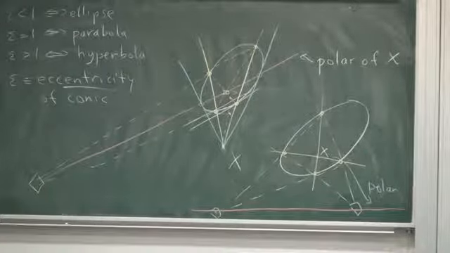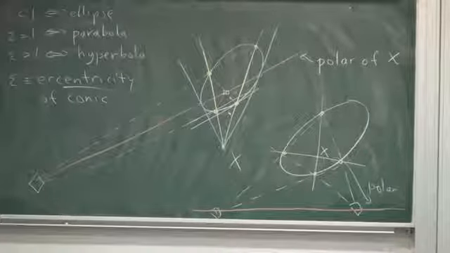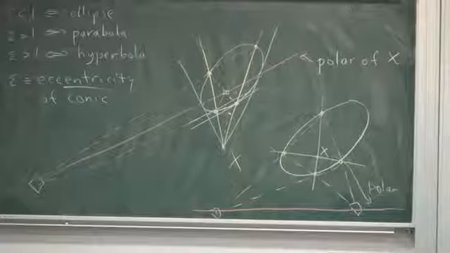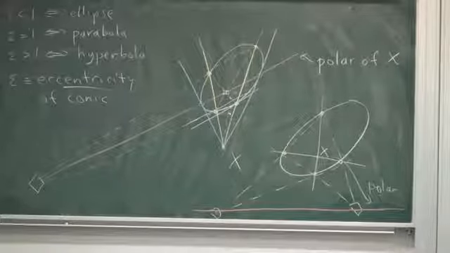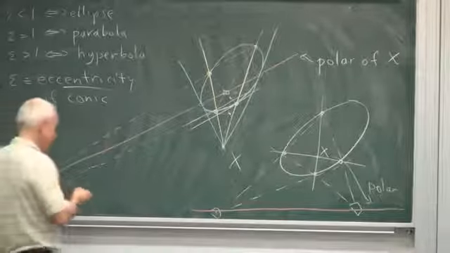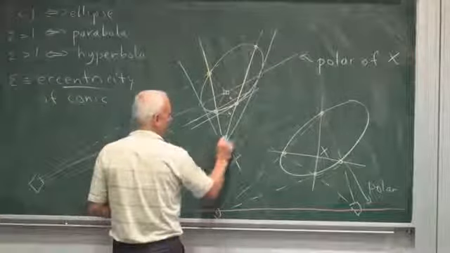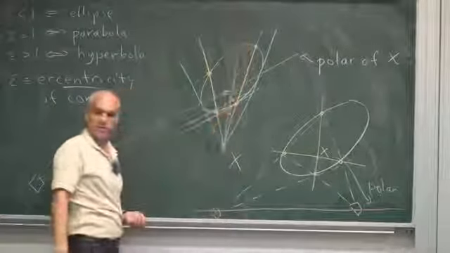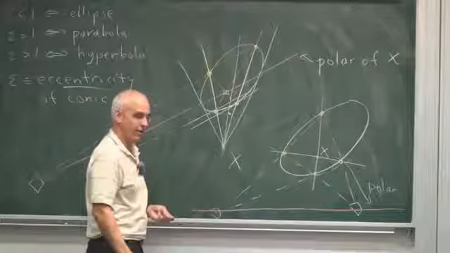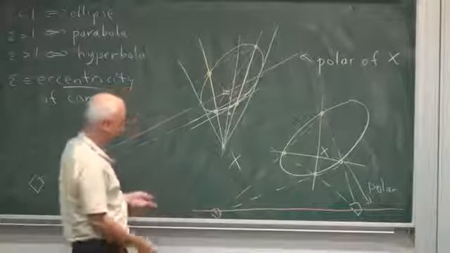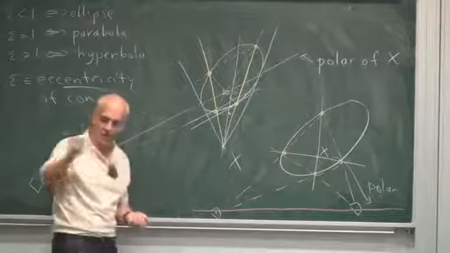Yes? If x moved on a straight line towards the first ellipse, would all those polars of x be parallel? No, they would all rotate. So the question is, what would happen if x moves along this straight line? What would happen to all its polars? Well, the beautiful thing that Apollonius would have said, that's a very good question.